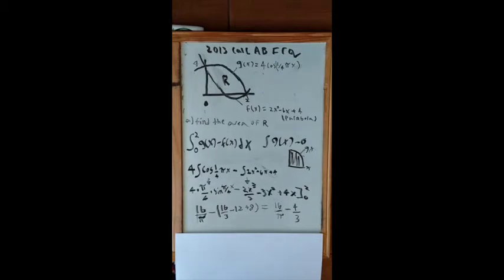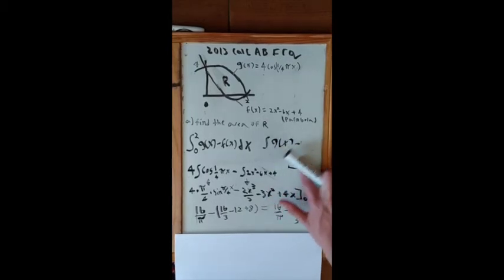But in part A, we don't want to find the area bound by the x-axis. We want to find the area bound by g of x and f of x, rather than g of x and the x-axis. So you're going to replace the 0 with f of x. And that's why this entire thing works for part A.